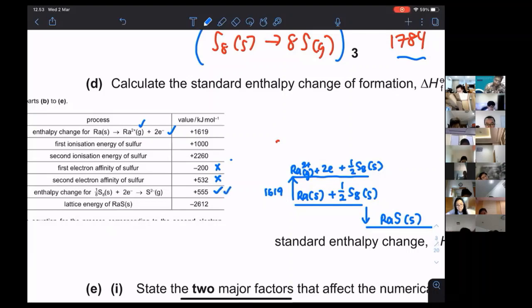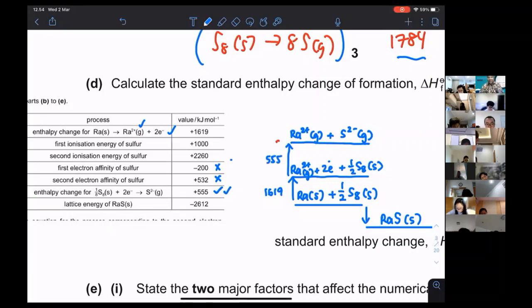I just say because there is a presence of electron, and I know that from here to here, the 2 electrons are coming from here. So I have Ra2+, which is gas. After they react with the electron, I know that they are going to give you S2-, which is gas. So this entire process is 555.